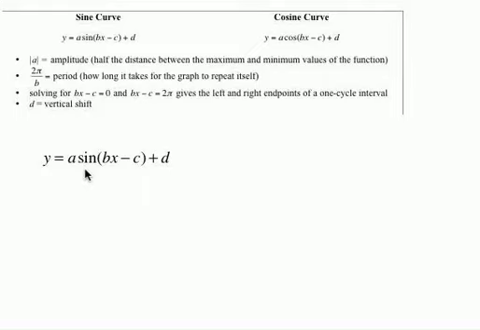So its initial period is from 0 to 2 pi. So to shift the period, what we do is we take bx minus c, set it equal to 0, solve for x, that's our new beginning, and then we take bx minus c again, set it equal to 2 pi, solve for x again, and that's our new end of the period.